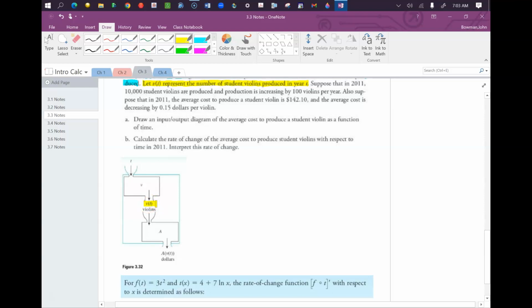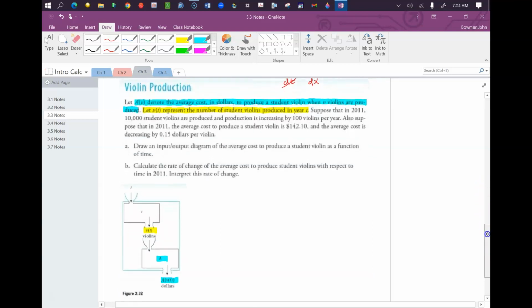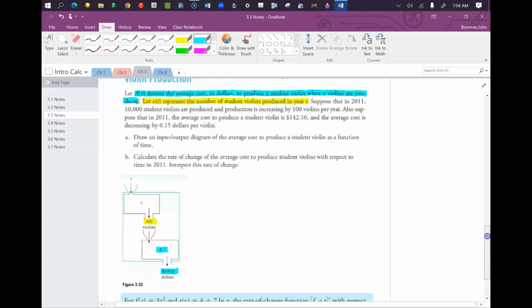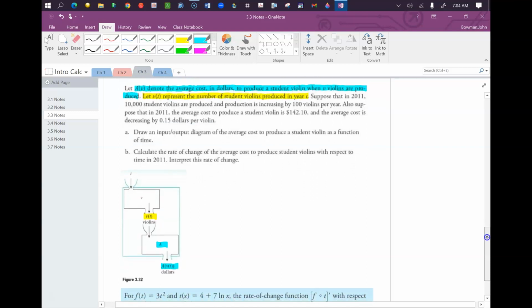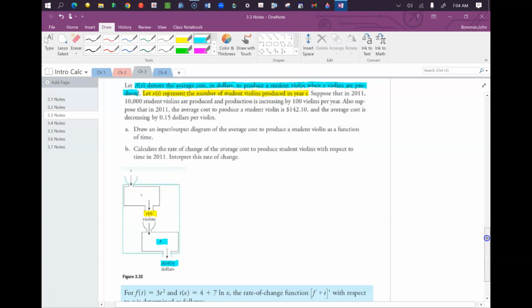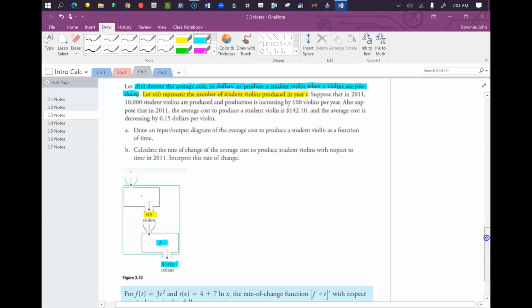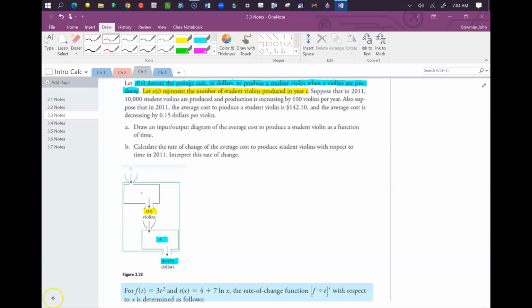So violins as a function of time, but then you also have that go into the input for the A function, which I am going to highlight in blue, and A is a function of v, which is a function of t, and that is the cost to produce those violins. So A is the average cost in dollars to produce a student violin, but that depends on the number of violins, but the number of violins depends on time.